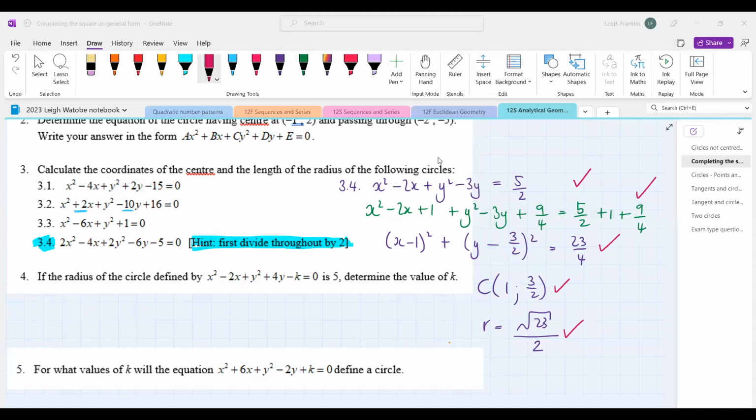Any other questions before we move on and do something a little bit more difficult? Okay, so does that mean that we're all good, Matrix? You can just give me a thumbs up or a thumbs down. How are you feeling about question 3.4?